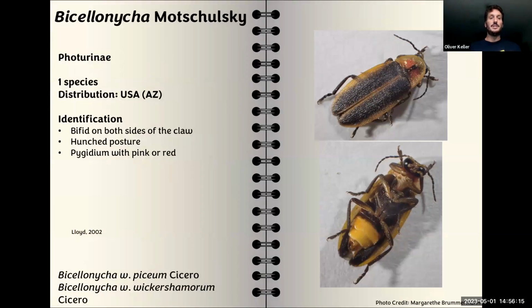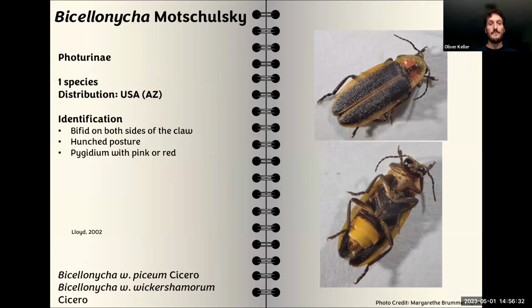Next, the genus Bicellonycha. It's a fairly big genus with 30 plus species, but only one in the US. And then you go further south into Mexico and all the way down into South America. That's where the biggest diversity is.